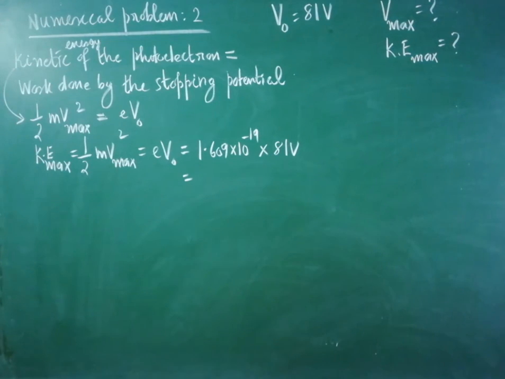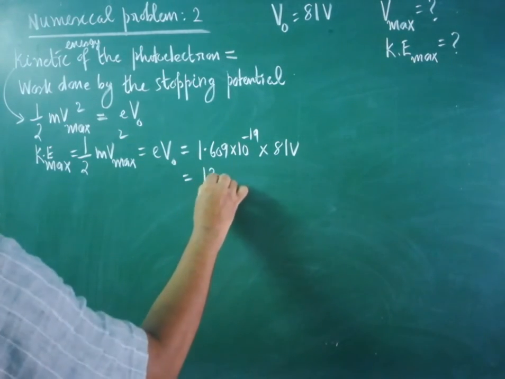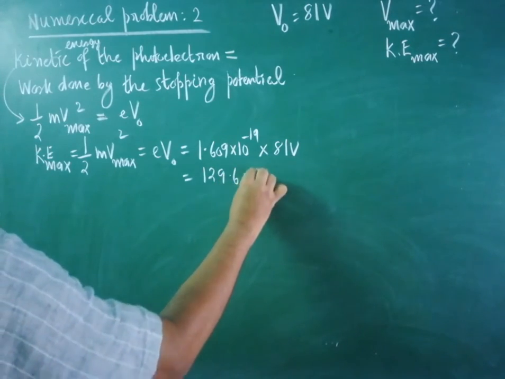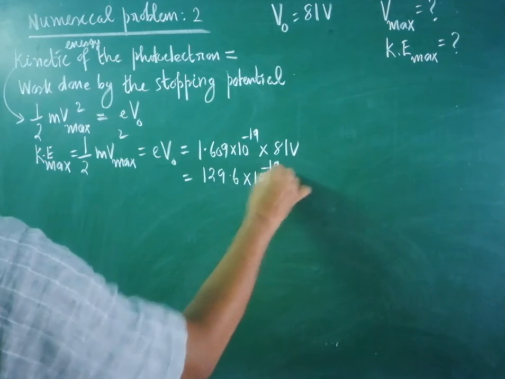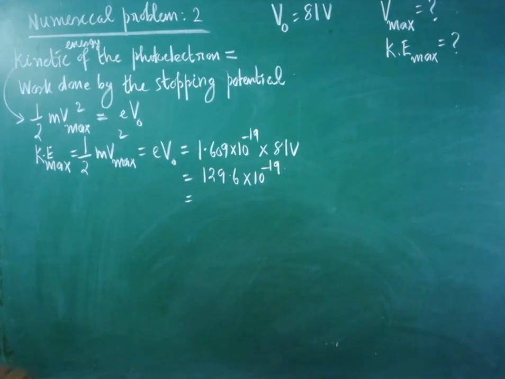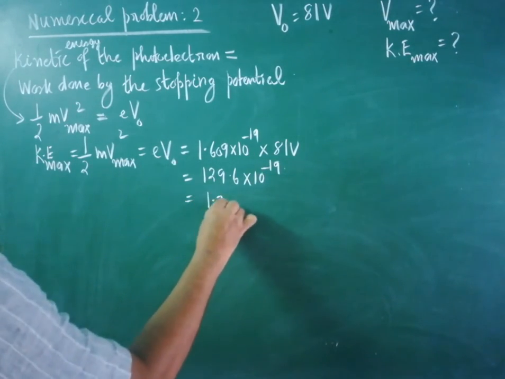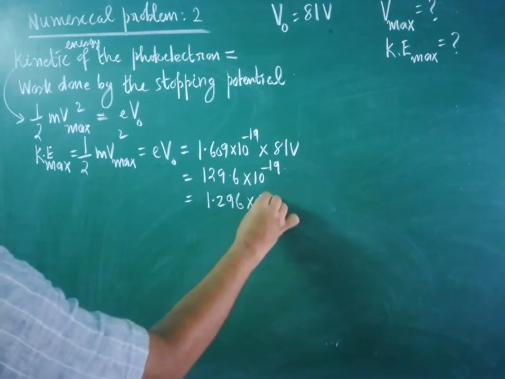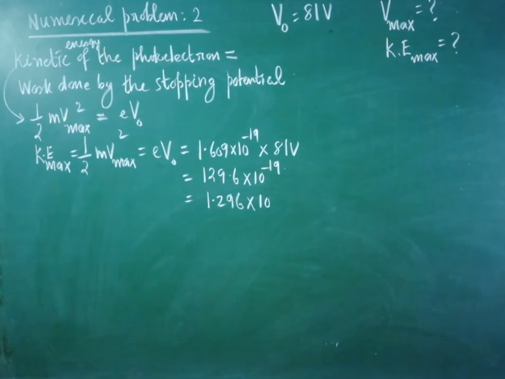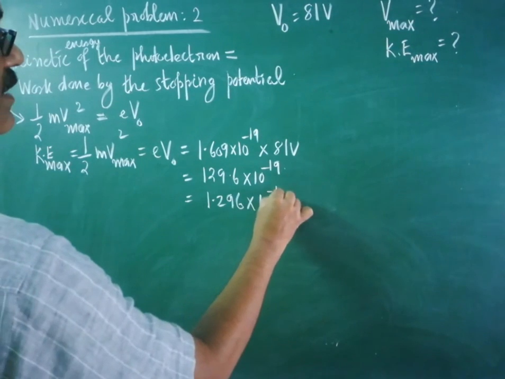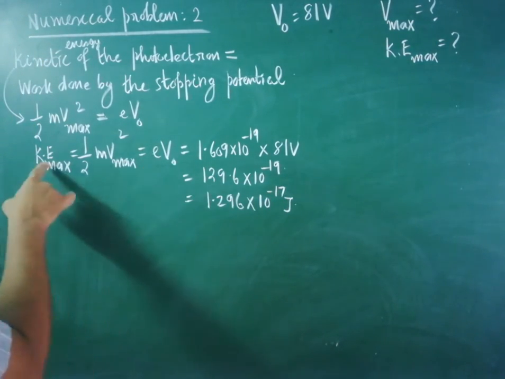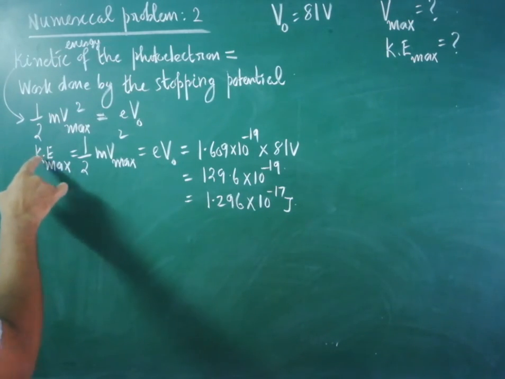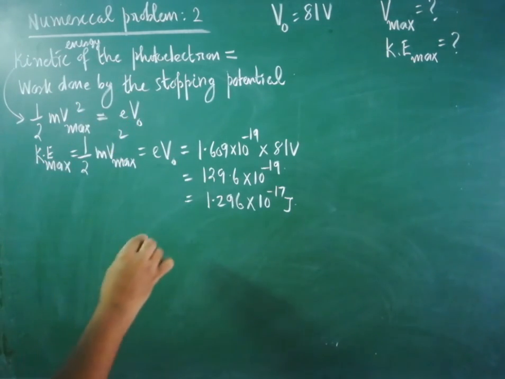So after calculation, you are getting the answer as 129.6 into 10 to the power of minus 19. After simplification, 1.296 into 10 to the power of minus 17 joule you will get. So this is the value of the maximum kinetic energy of the photoelectrons.